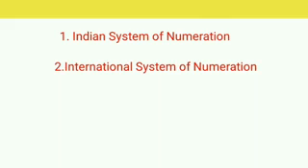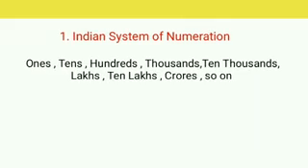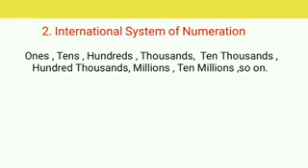In the Indian system of numeration, the place values of digits go in the sequence of ones, tens, hundreds, thousands, ten thousands, lakh, ten lakh, crores and so on. Similarly, in the international system of numeration, the place values of digits go in the sequence of ones, tens, hundreds, thousands, ten thousands, hundred thousands, millions, ten millions, and so on.